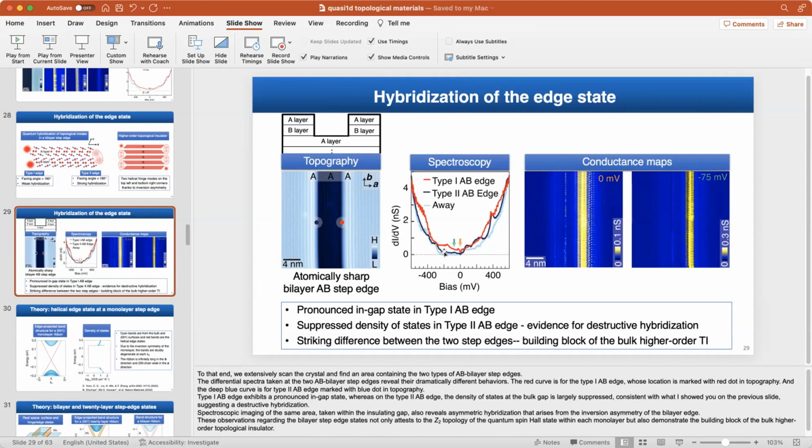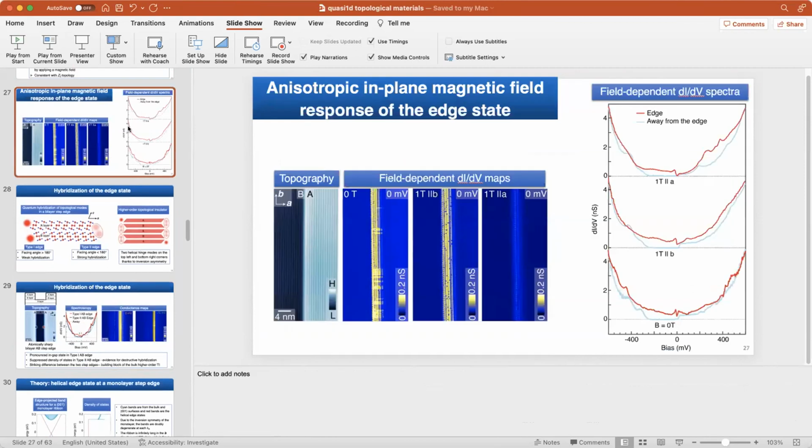Okay. Can you go back to your slide 27? When you have this applied field, I'm not talking about the one at the edge, the one away from the edge. It looks like when you apply field, the gap is slightly decreasing, right? The other curve, not the red one, the colored one.